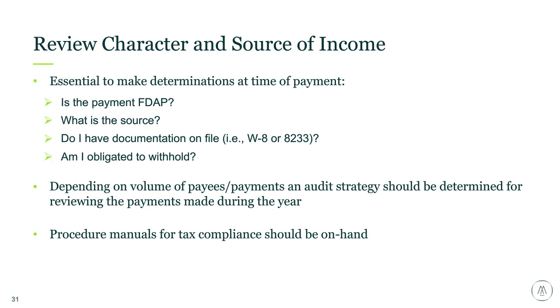So only U.S. source income is reportable, and as Jill went through, unfortunately, the sourcing rules completely vary by the type of payment you're making. So you're going to have to do an analysis here, but it's really important because it is specific to U.S. source. Now, if you have it ticked yes for FDAP, yes for U.S. source, your next step is to look at that form you have on file, because that form you have on file will tell you the withholding that you should have done, or maybe there's no withholding. It's also going to give you all of that static data you need for your 1042-S reporting, which has income codes and recipient codes and exemption codes.